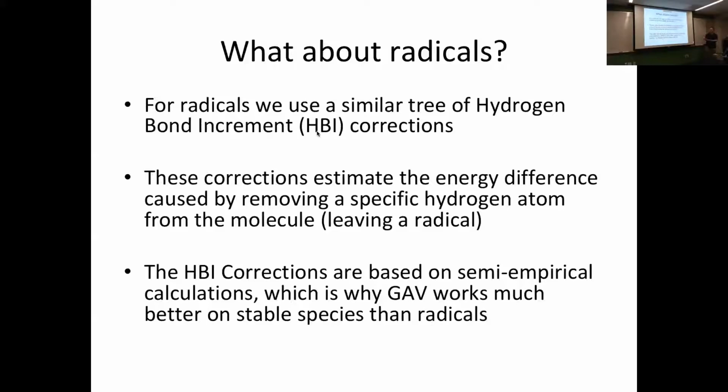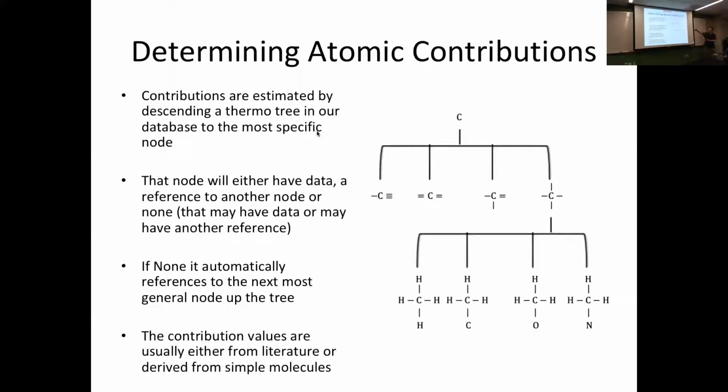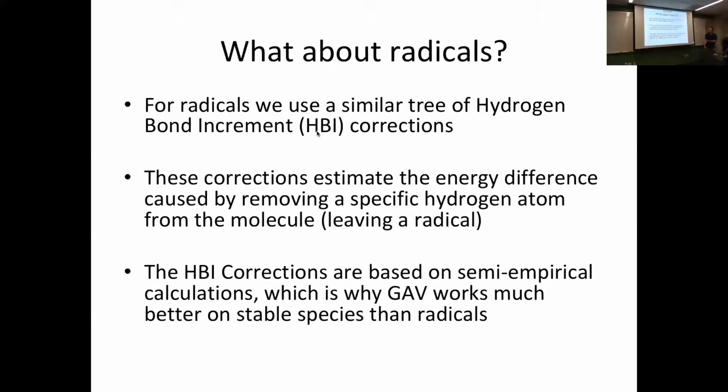Any questions? So the other question is, the way we're talking about this and extending this, we haven't really talked about, well, what if there isn't a hydrogen there? What if there's a radical? When there are radicals, we have a similar tree of hydrogen bond increment corrections, which are corrections that essentially estimate what the energy difference is if you were to take this stable molecule and pluck a hydrogen off it, leaving a radical.